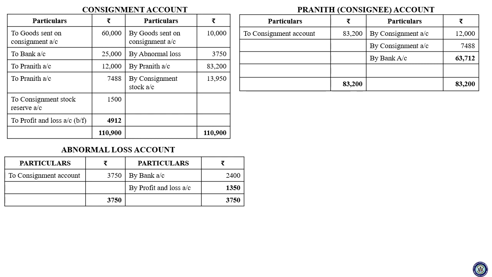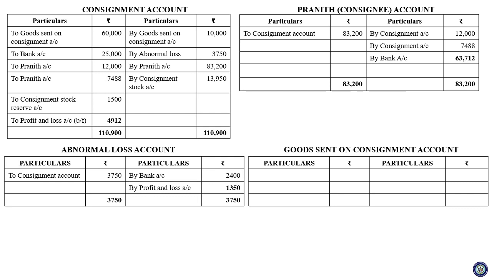Okay, next draw the lines for goods sent on consignment account. So these are the four major ledger accounts you have to prepare in the books of consignor. We have two entries in the consignment account relating to goods sent on consignment. So you have to record both the entries in the ledger account.